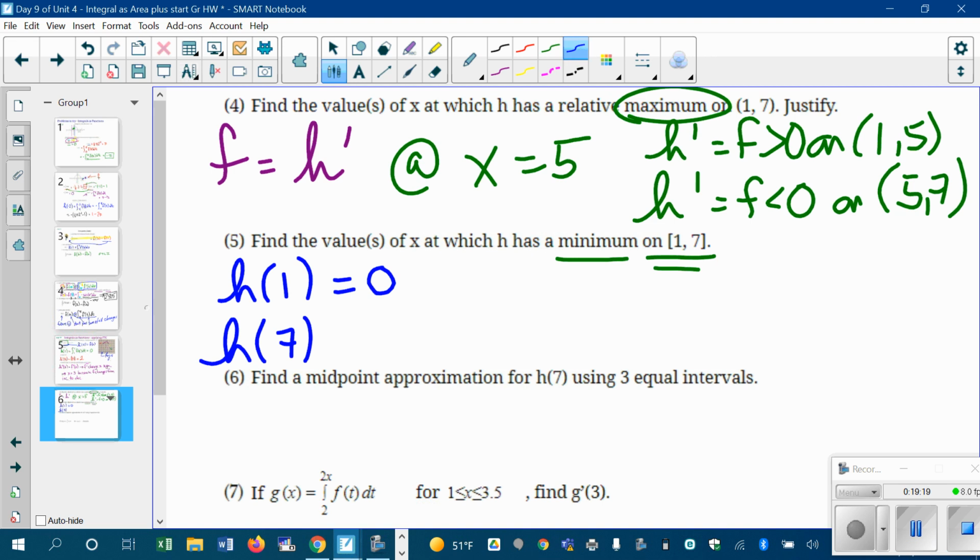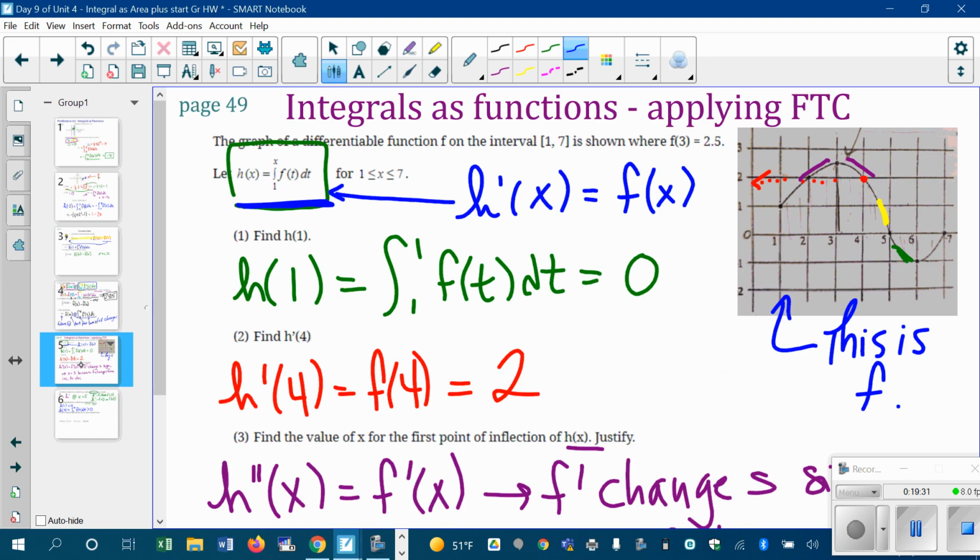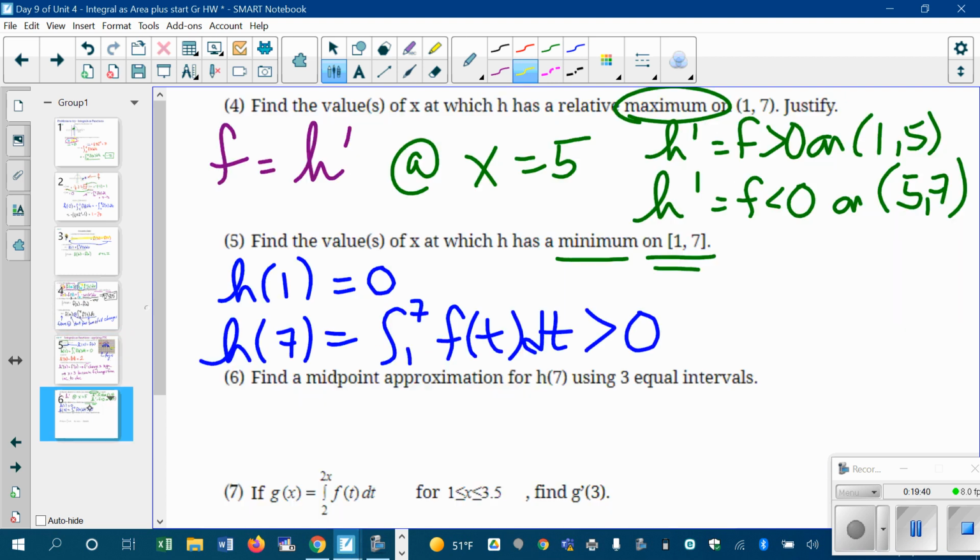H of 7 means I would need the area from 1 to 7 under the given graph. I don't really care to find that, but it's going to be a positive amount. I can kind of intuitively see that, right? All of this space in the positive versus this little bit of space in the negative sure seems like I'm going to have something that beats 0. So that would tell me, therefore, that at 1, I have my minimum. This would be more like the max.